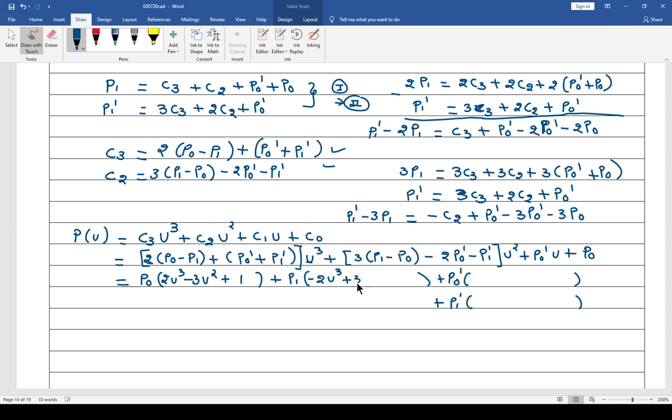Plus 3u square, and the p1 term does not exist anywhere, so this is 3u square.